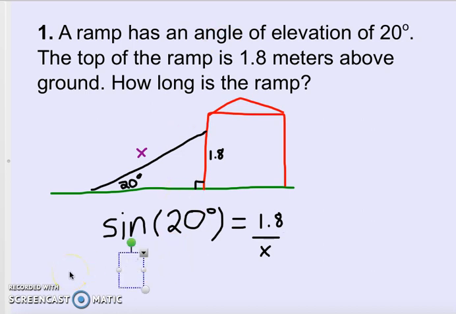Okay, so I'm going to cross multiply or multiply by x on both sides, whichever way you look at it. I'm going to get sine of 20 degrees times x equals 1.8. Then to solve for x, I would have to divide both sides by sine of 20. And whatever that number is, I'll get it on my calculator.